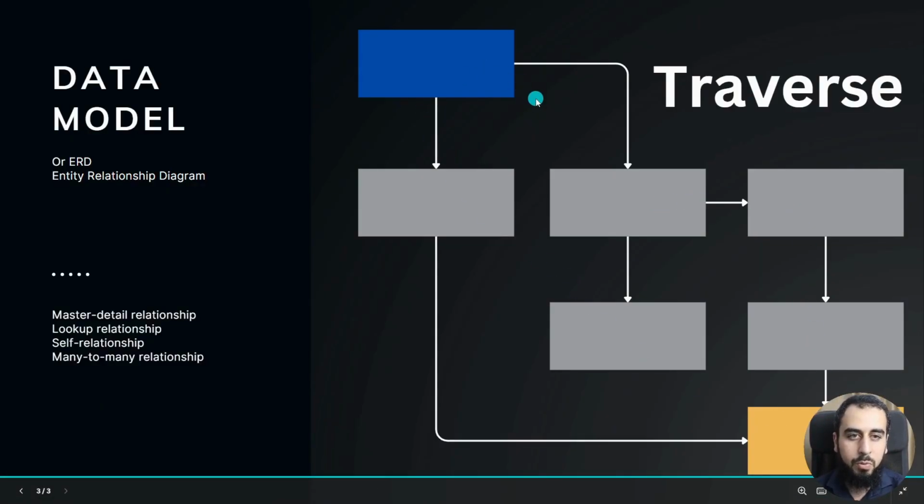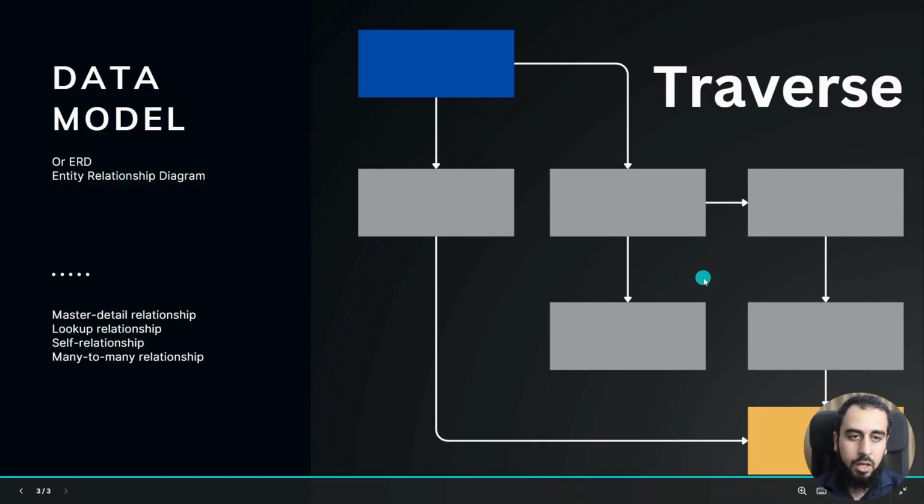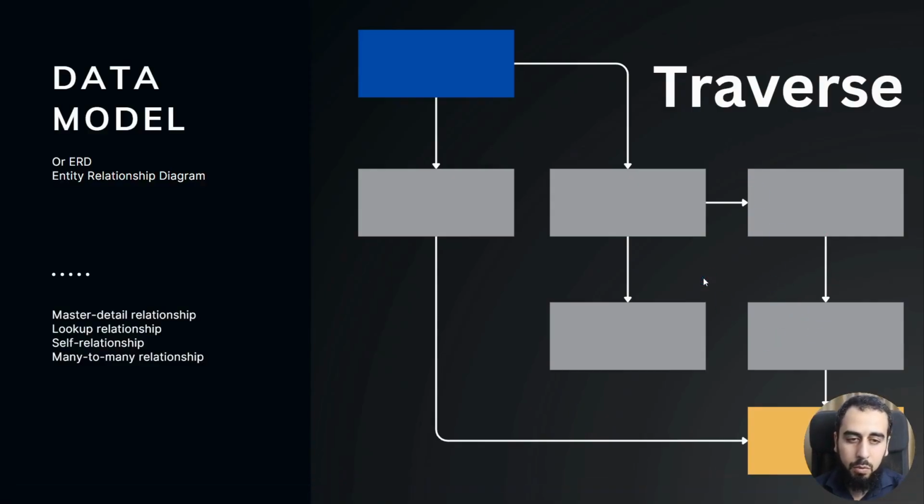You might be doing this with a get element, with access to a parent record. You might use formulas. Whatever resource or element you will be using, you will be doing a lot of traversing from a child to parent, or from a parent to a child, or from one object to another through a junction object. You will be doing a lot of traversing, and that's why it is crucial to understand and have that data model available.